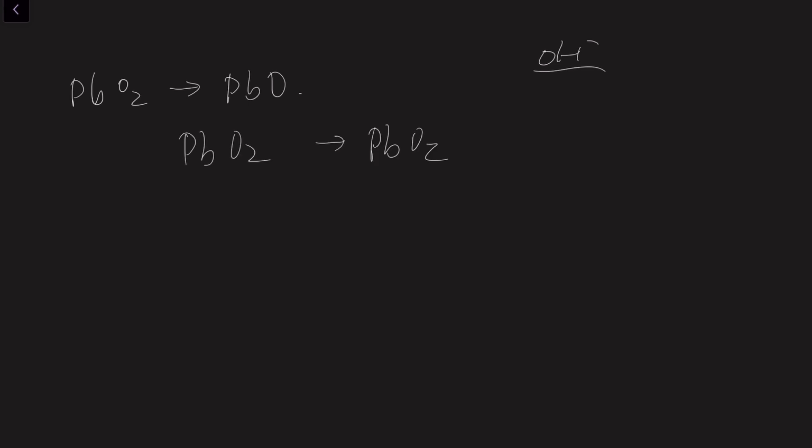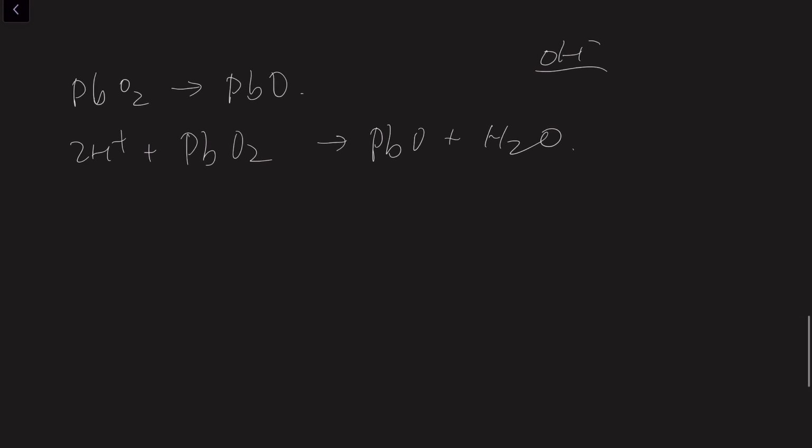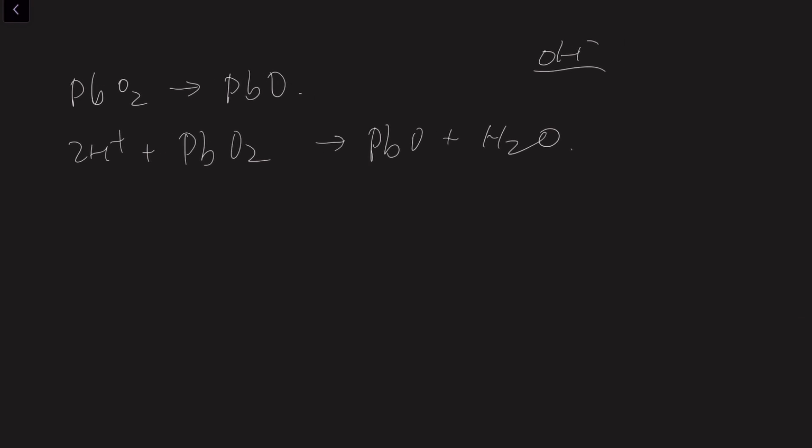So the key element, already balanced. Oxygen, not balanced. We need one more by adding H2O. Hydrogen not balanced. We have 2 on the right, so we also need 2 on the left by adding H+. Electron also not balanced. The left-hand side is neutral, so we add 2 electrons to balance the charge.